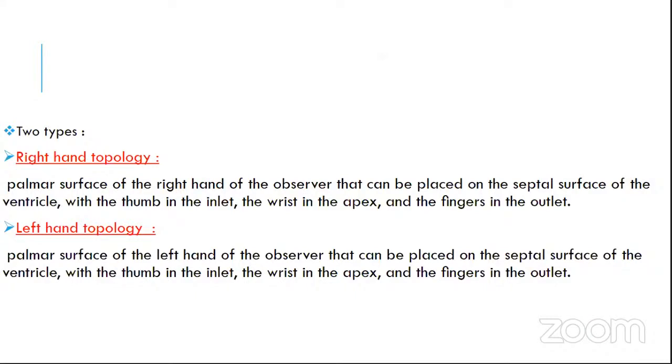Right hand topology: the palmar surface of the right hand of the observer can be placed on the septal surface of the ventricle with the thumb in the inlet, the wrist on the apex and the fingers in the outlet. Left hand topology: the palmar surface of the left hand of the observer can be placed on the septal surface of the ventricle with the thumb on the inlet, the wrist on the apex and the fingers in the outlet.